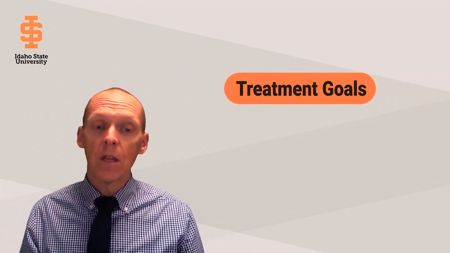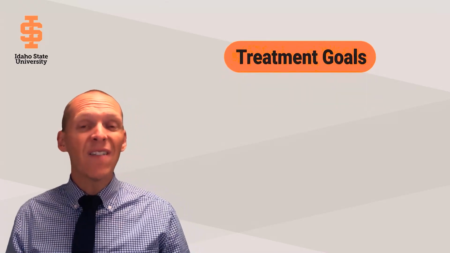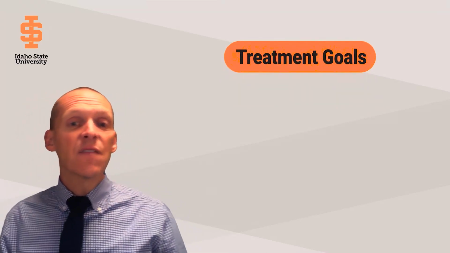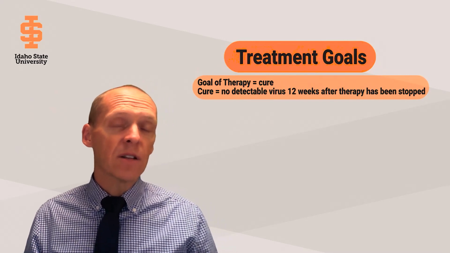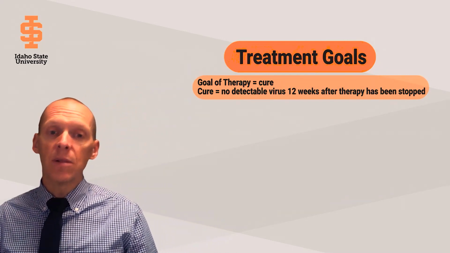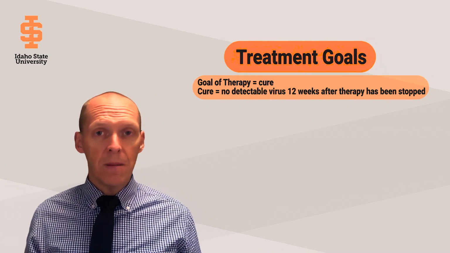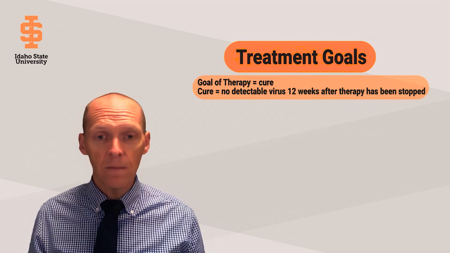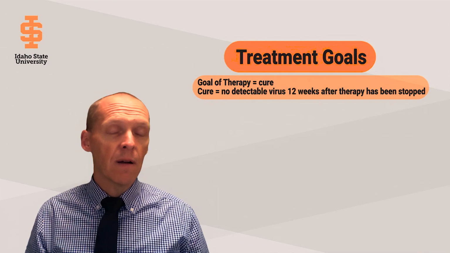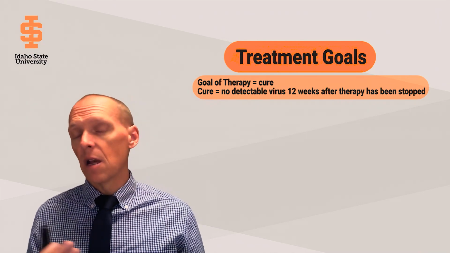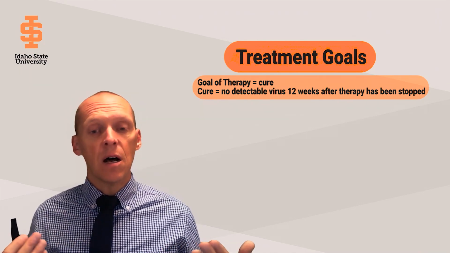And that is the goal for people living with hepatitis C: treatment cure. Treatment cure of hepatitis C is defined as no detectable virus 12 weeks after completing therapy. And therapy should be available and offered to everyone, regardless of insurance status or substance use.